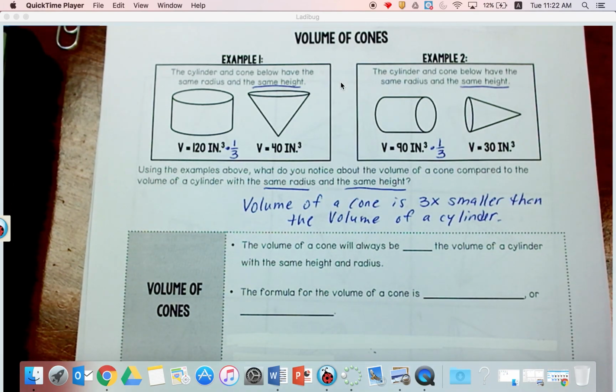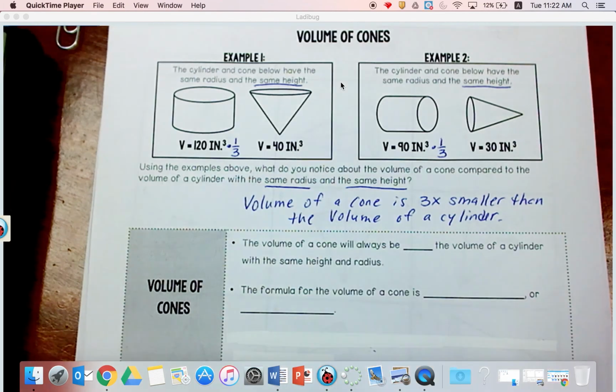Or you could say the cylinder is 3 times bigger than the volume of a cone. So that's how they came up with that formula. That's where the 1/3 comes in, and that's where we have to solve our volume of our cone.